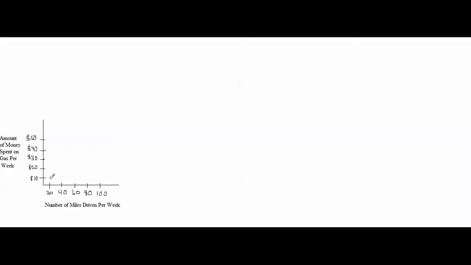Let's say that 3 of our participants tell us that they drive 20 miles per week. Since these 3 people are doing a fairly low amount of driving per week, they're not going to be spending very much money on gas, which means that they'll fall somewhere near the low end of the number line for amount of money spent on gas.